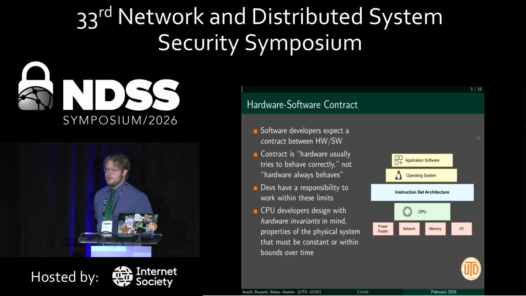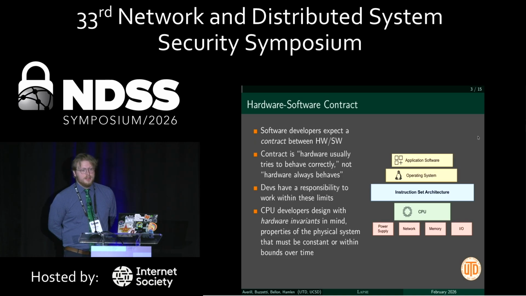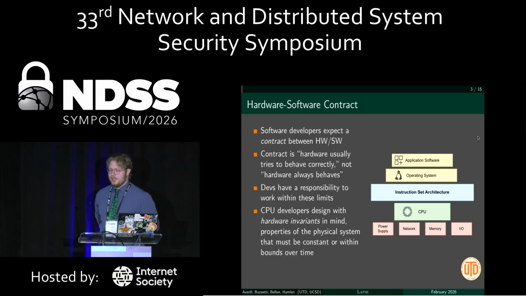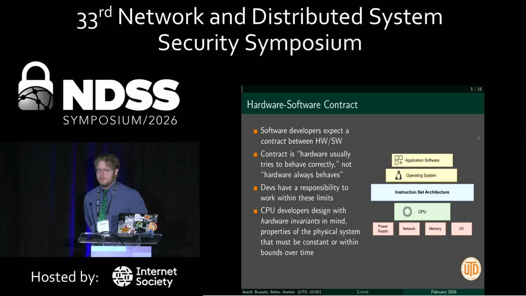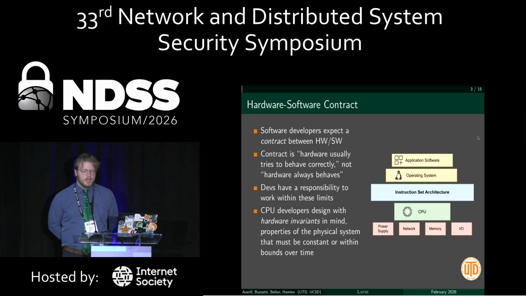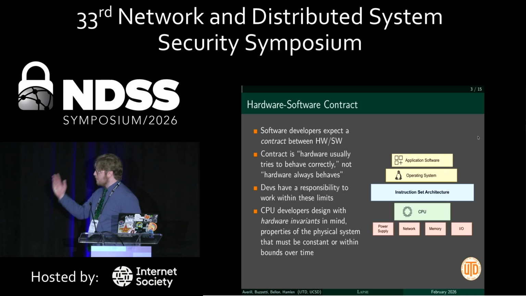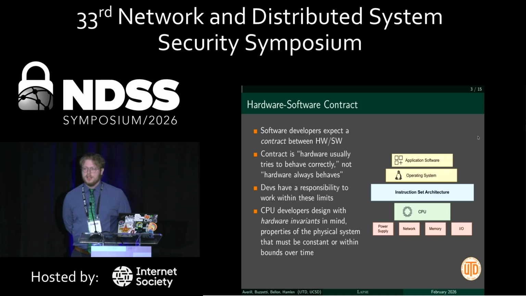And these conditions can be things like the right amount of heat in the environment, or the right amount of voltage getting into the processor. And so the hardware designers develop the chips with these invariants in mind.